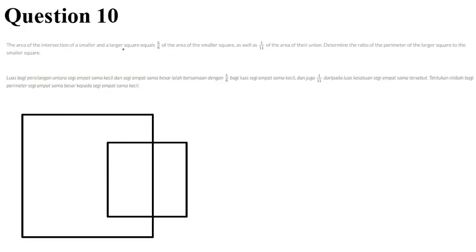So it says the area of intersection is 5 over 6 of the smaller square. Consider, for example, this side is A, this side is B. This intersection, let me call this area T. So T is 5 over 6 of the area of the smaller square, B squared, as well as 1 over 11 of the area of their union.